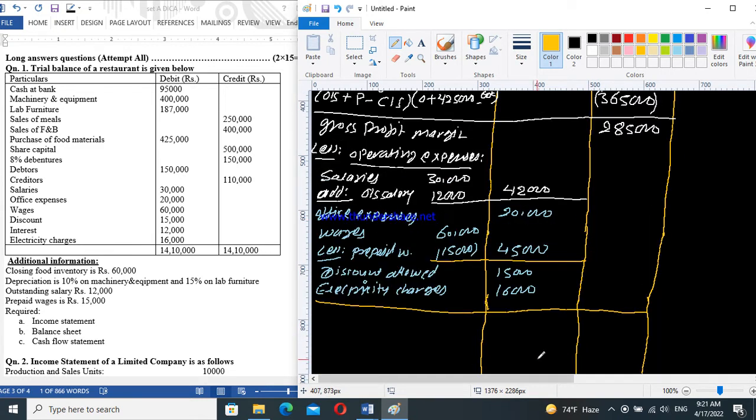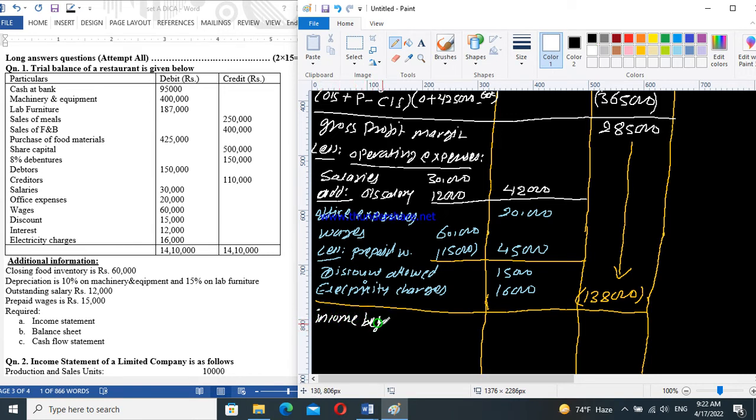That's all, no more. The answer is 1,38,000: salaries, office expenses, wages, discount, electricity charges. Less 1,38,000 from the gross profit, and you can find the income before fixed charges.